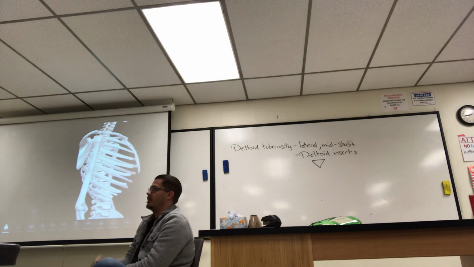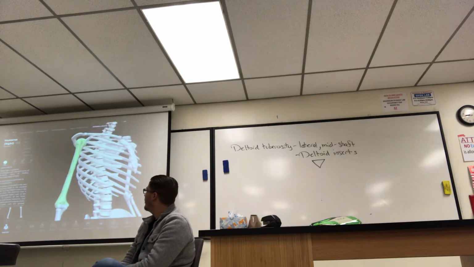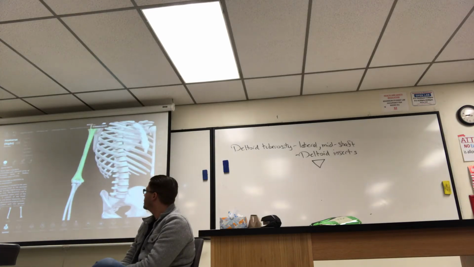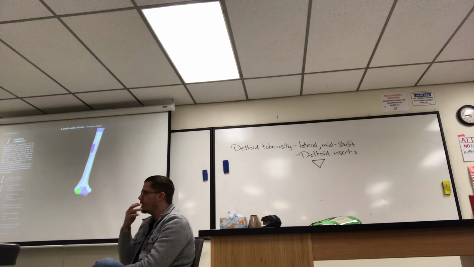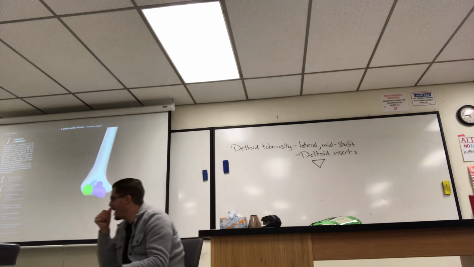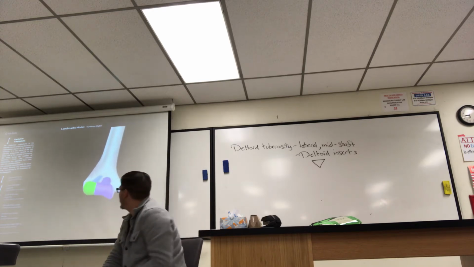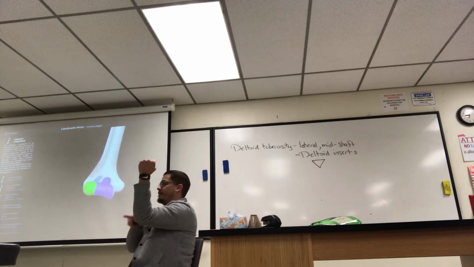Then we're going to go down to the distal humerus and look at the condyles, the trochlea and capitulum. We have two condyles.